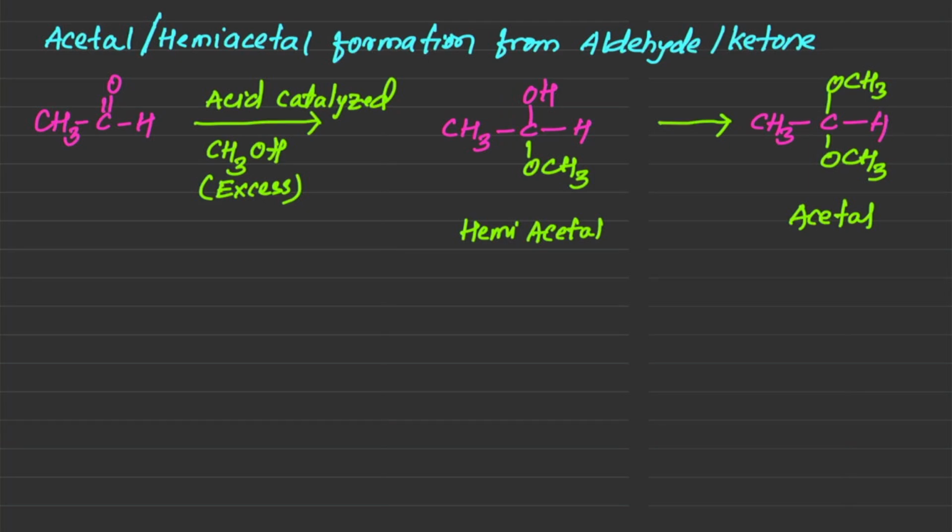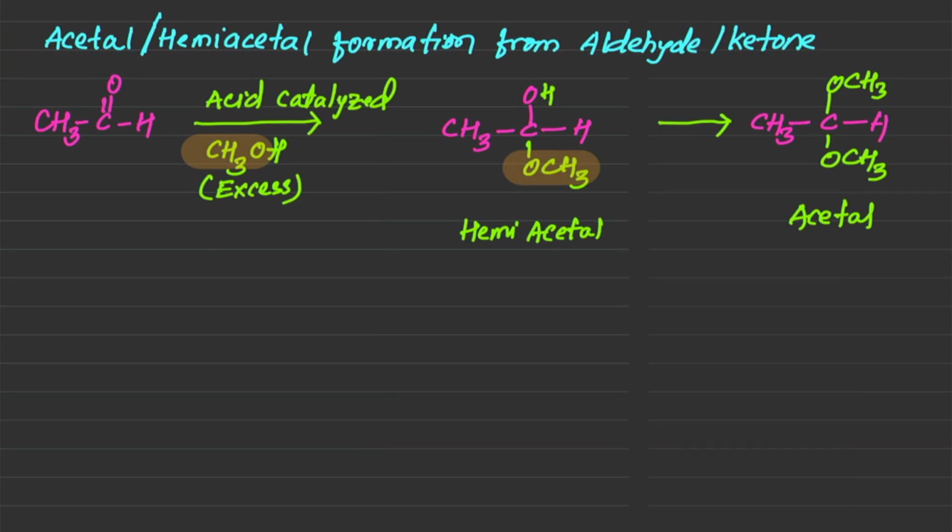It's technically not necessarily the same hydrogen, but just to show you that we removed the pi double bond here and made it a single bond. This is called a hemiacetal because you have added one alcohol molecule.